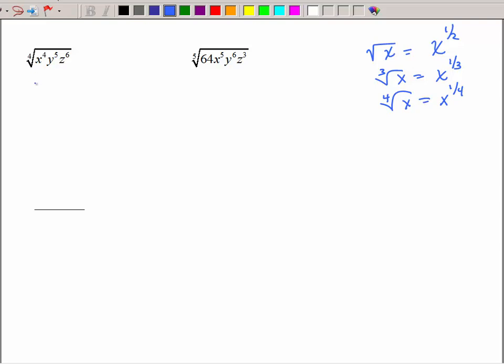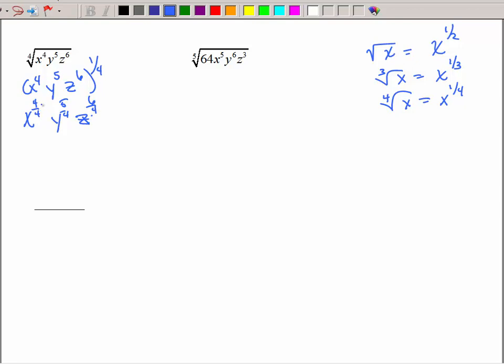So I could rewrite this as x to the fourth, y to the fifth, z to the 6th, all raised to the 1/4 power. And then, using my rules of exponents, I actually could multiply those together, and I'd have x 4 over 4, y 5 over 4, and z 6 over 4.